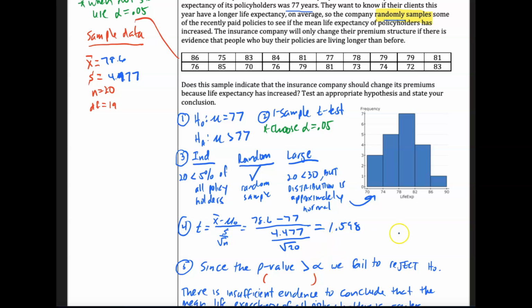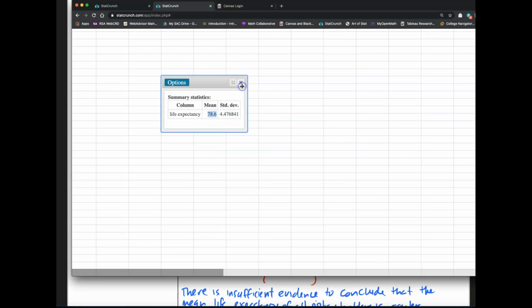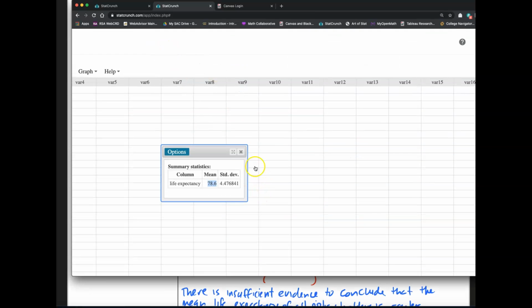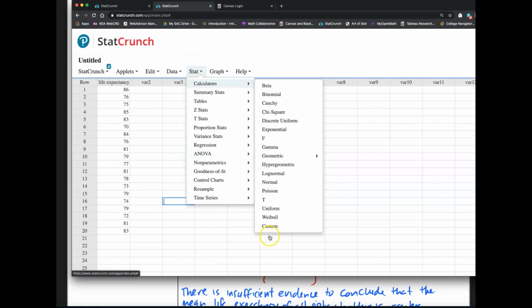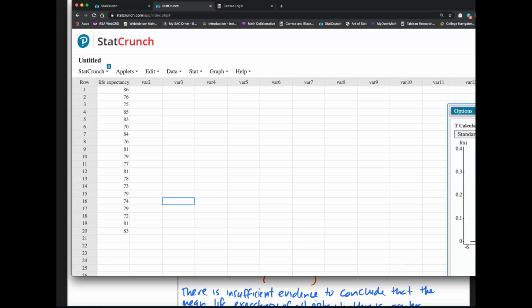And then remember, what we need is a t-statistic. I need to find the probability that t is greater than or equal to 1.598. So we go to the t calculator. We're going to use stat calculators, t calculators.